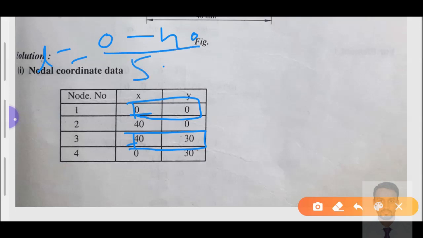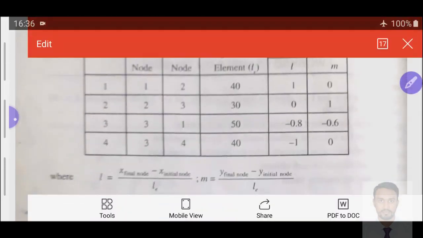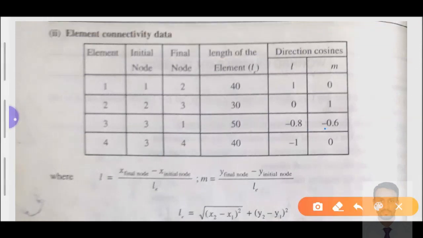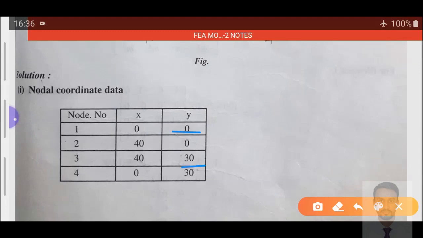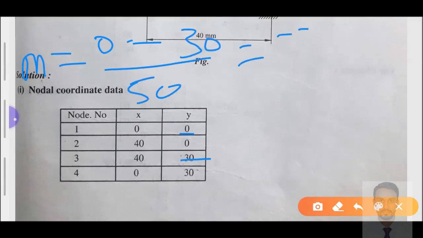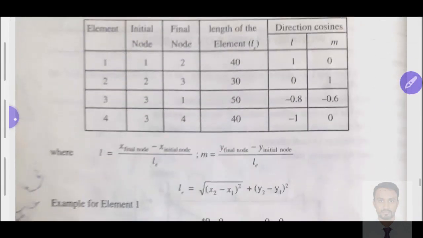We have found the length of the element is 50. So L is equal to minus 0.8. Similarly, along the y axis, M is equal to the final value 0 minus the initial value 30, divided by the length 50 we have found, minus 30 by 50, which is equal to minus 0.6. So we have found minus 0.6 here.